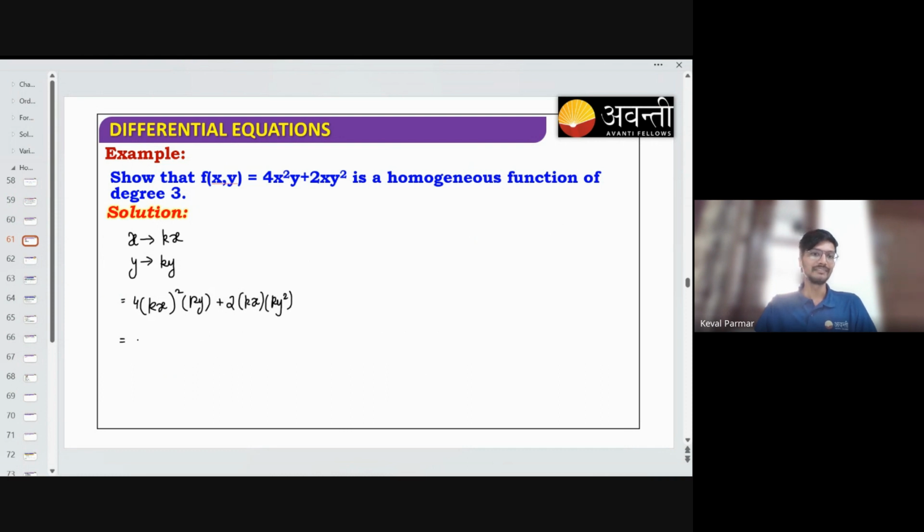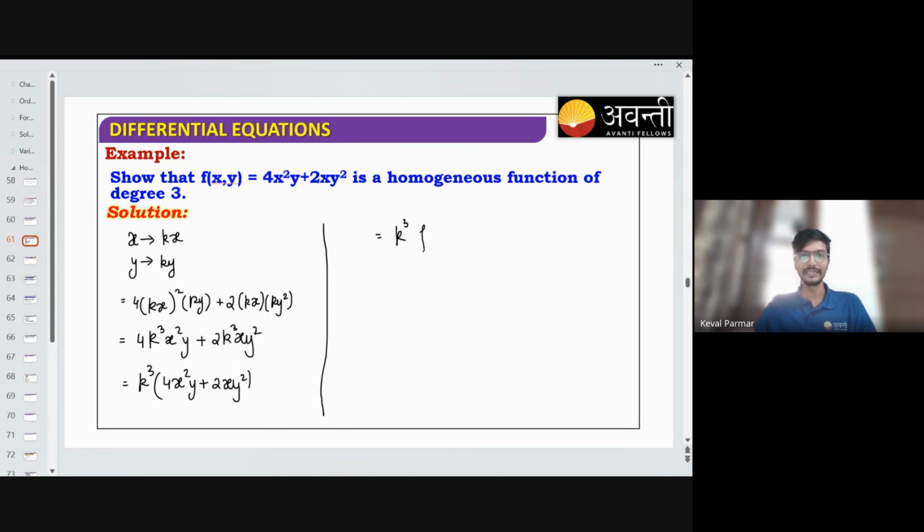As you can see, I'll get 4k cube x square y plus 2k cube x y square. So I can take k cube common, and what I'll be left with is 4x square y plus 2xy square. What does this mean? That k raised to the power 3 into, I got the original function back, f of x comma y. That means f of x comma y is a homogeneous function with degree 3.